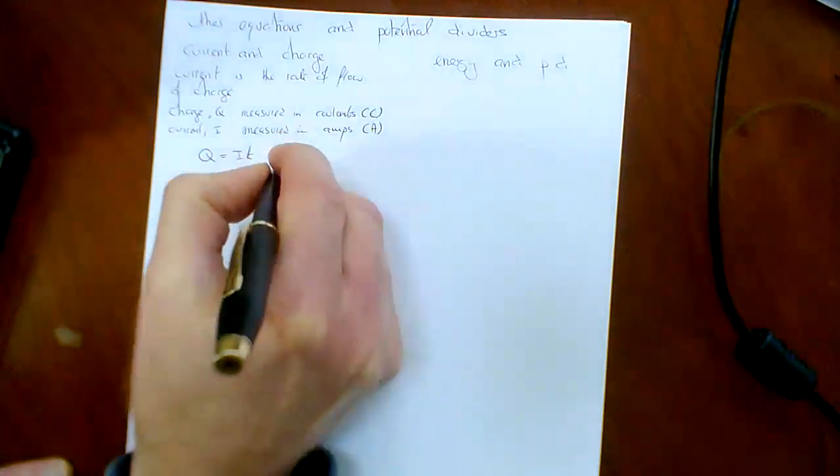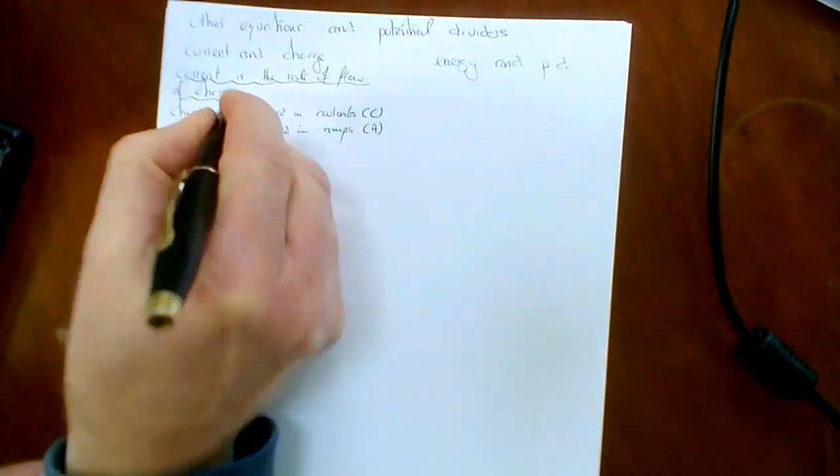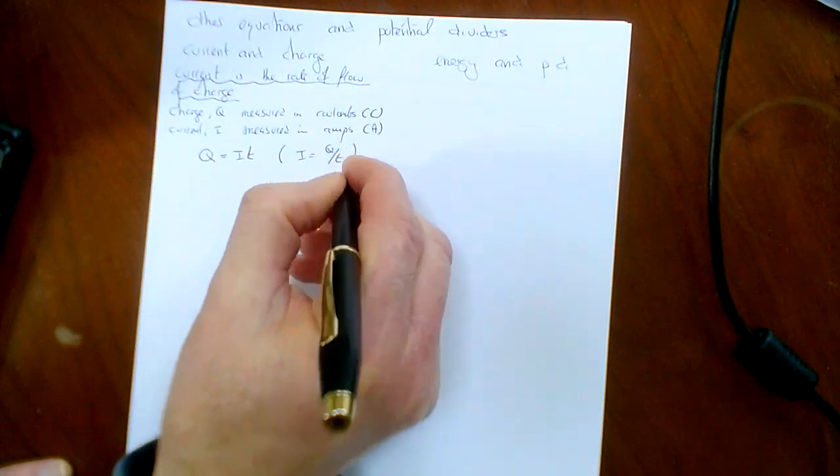Now this comes from what we have up here. Current is the rate of flow of charge, so current would be the charge divided by the time.